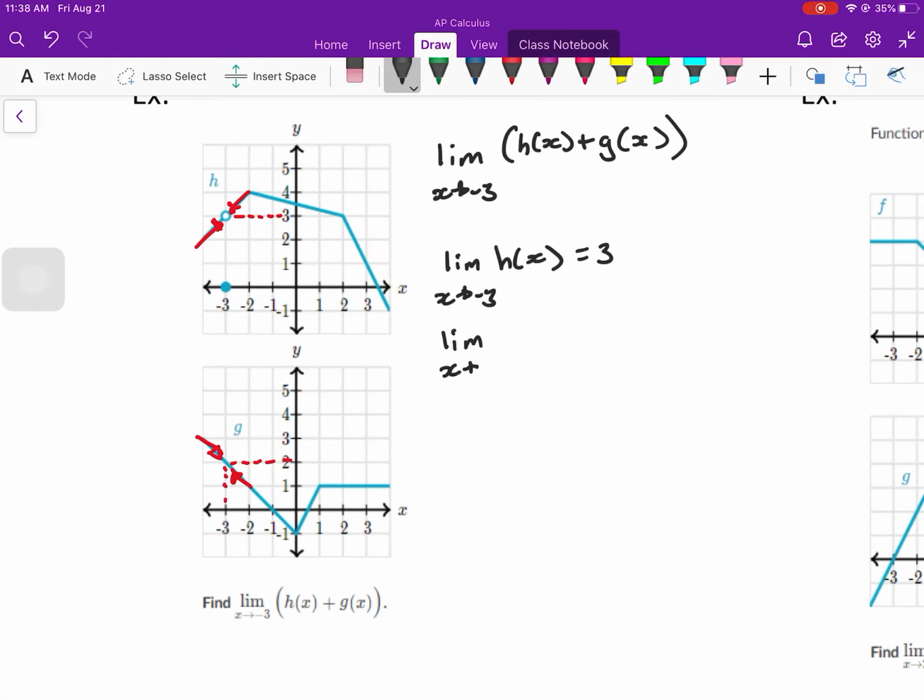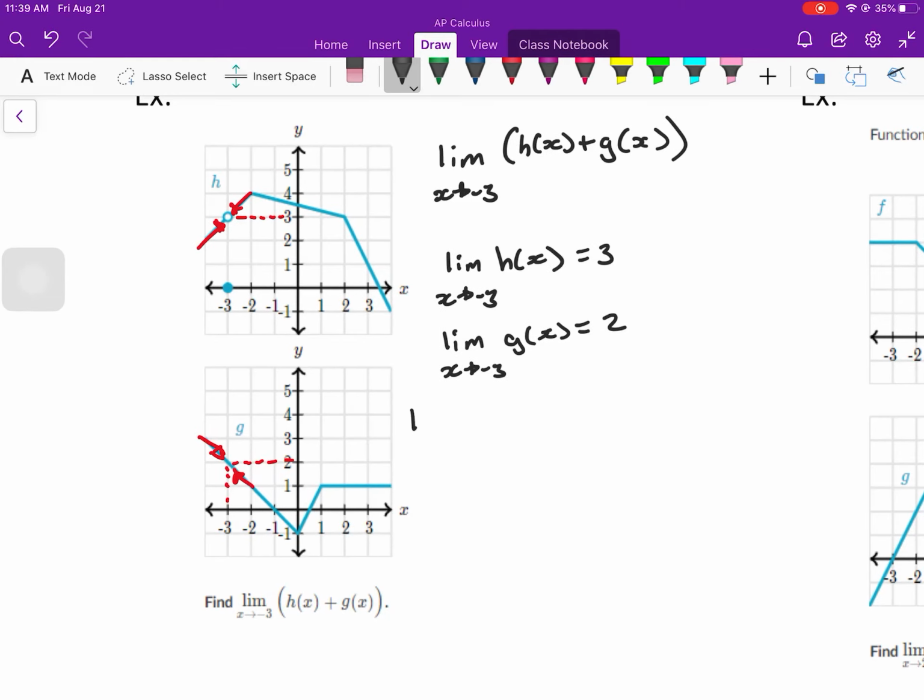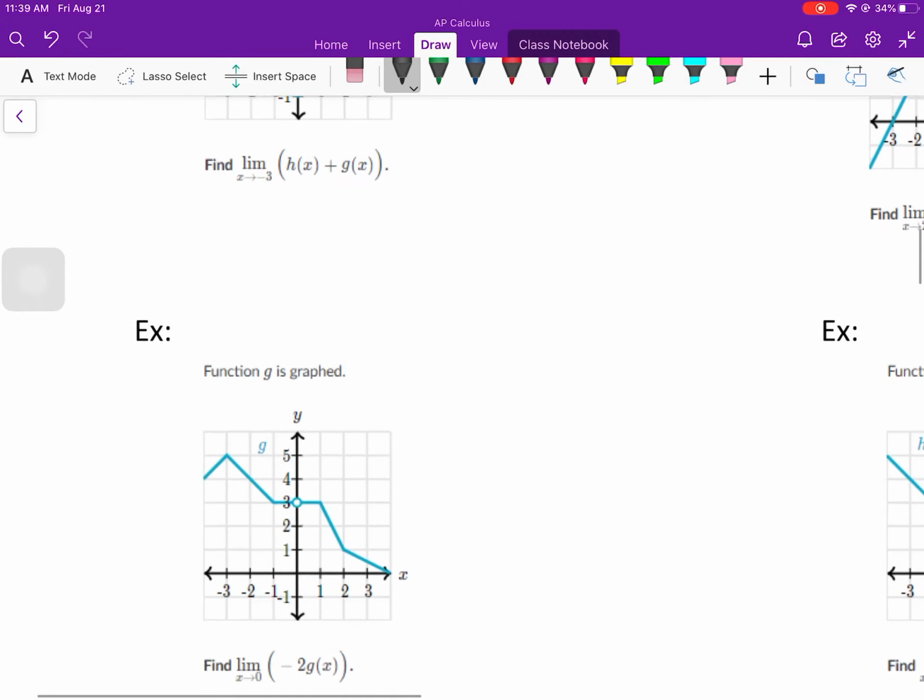So the limit as x approaches negative 3 of g of x is positive 2. So we can just add those two together. The limit as x approaches negative 3 of h of x plus g of x would be 3 plus 2, which is 5.